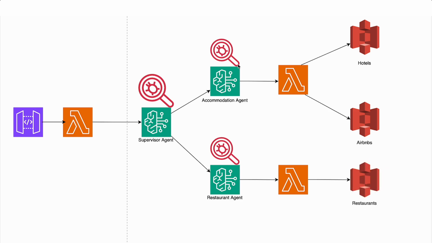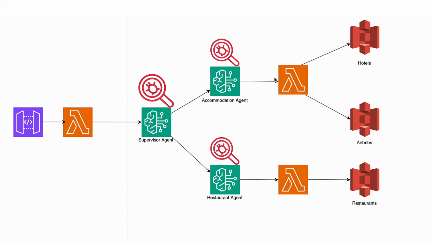Okay? And the unique thing about the accommodation agent is that, as you can see, it branches off. So that means the accommodation agent can decide which function inside of the Lambda function to call. Now, if that doesn't make sense, don't worry, because we're going to discuss that later, but we can actually define multiple functions inside a single Lambda function, okay?